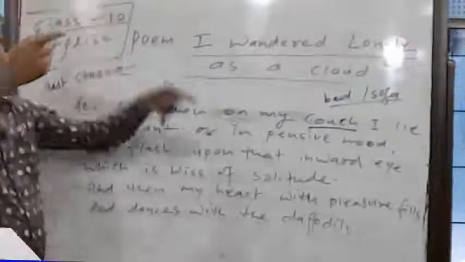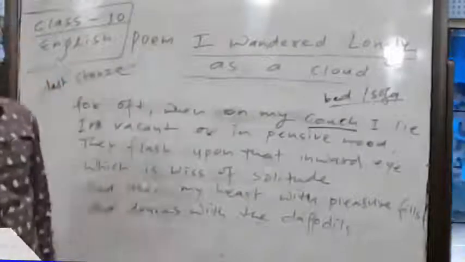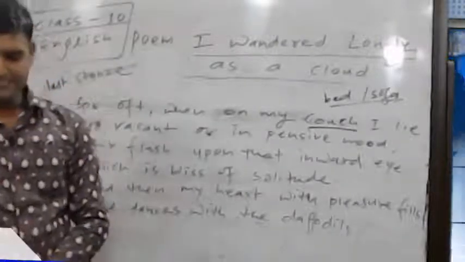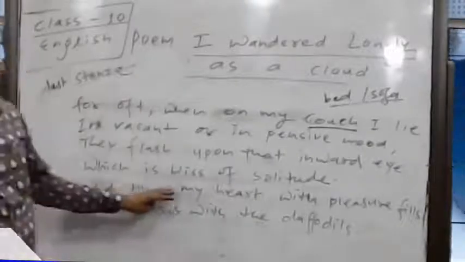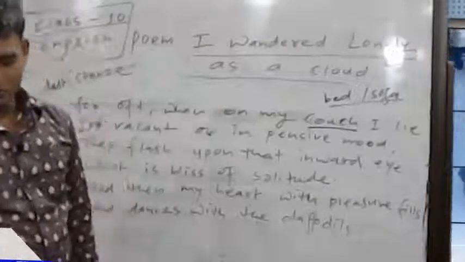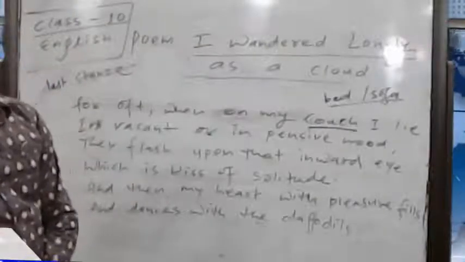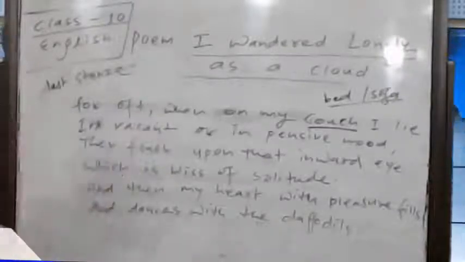There, in that palace of imagination, is the bliss of solitude. Bliss means paramananda, perfect joy or happiness. Solitude means एक्लोपन, a state of being alone, पुरै एक्लोपनमा त्यो परम आनन्दका कुराहरू.